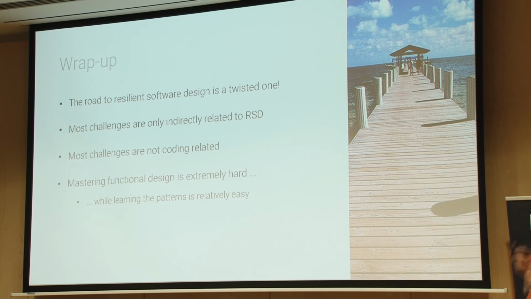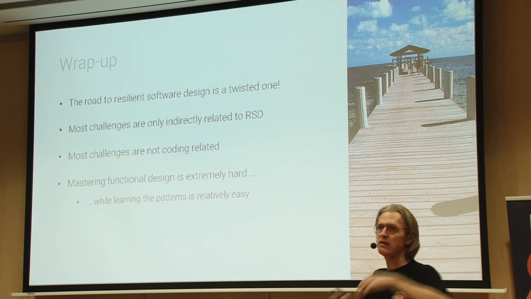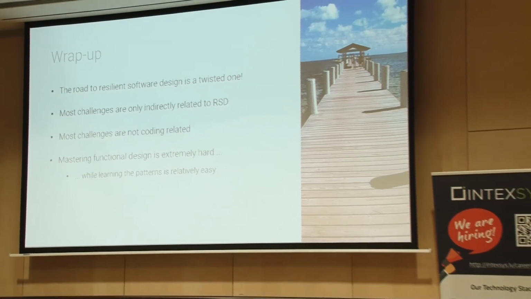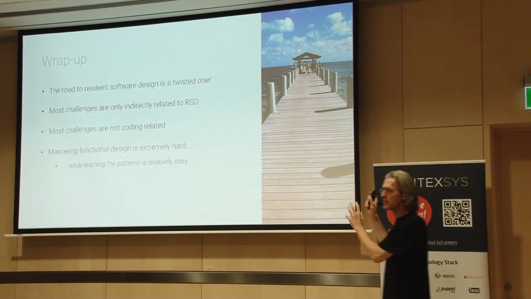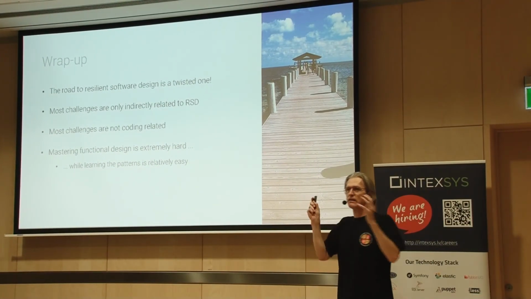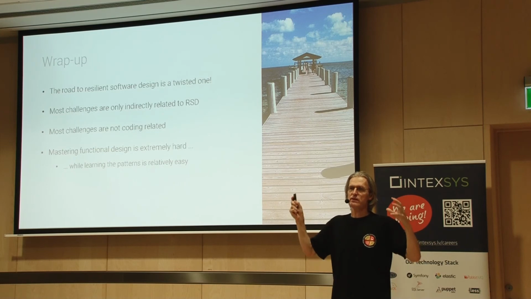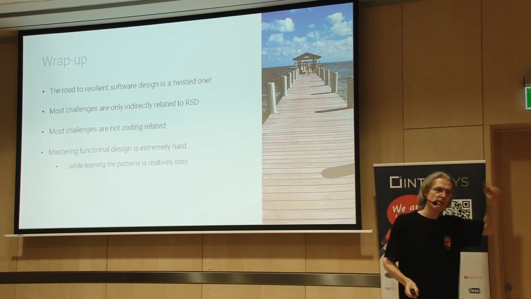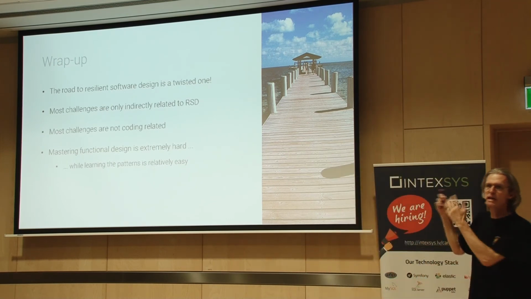If you have Kubernetes in place or the serverless revolution, which is on its way, if you see what AWS just launched the last days with Fargate and so on, we'll have to manage less and less of that stuff. But until you're able to get your functional design right, you will still suffer from brittle systems, no matter how good the infrastructure is.